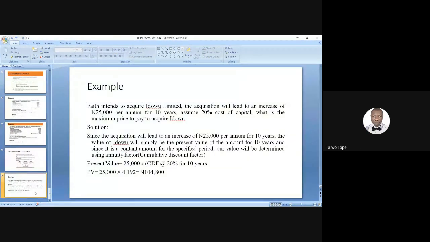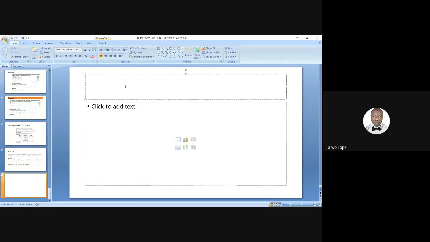Let's see next slide to interpret. But can somebody try? Can anybody try?